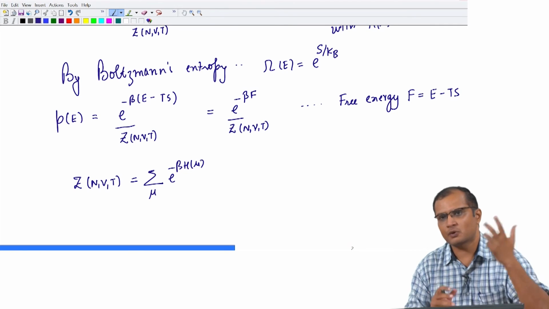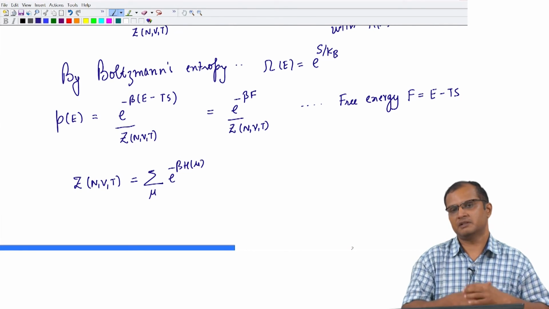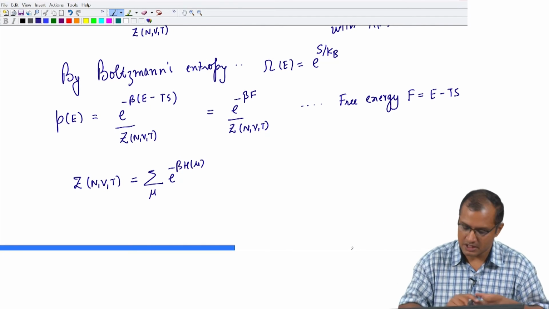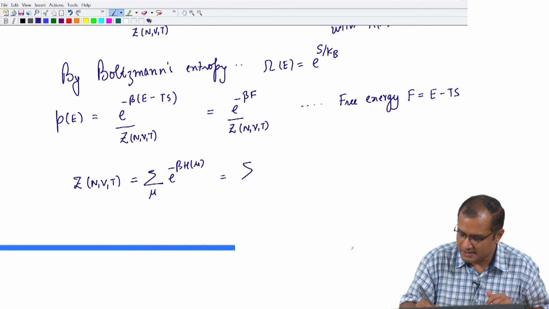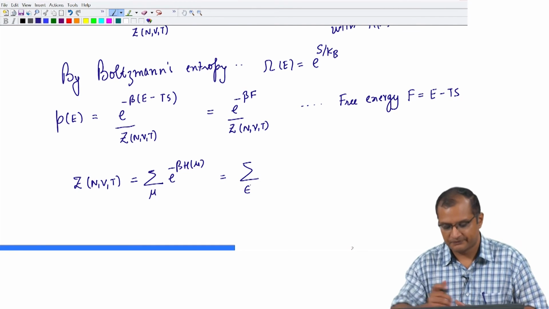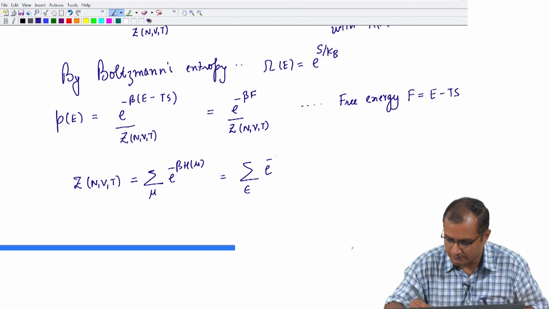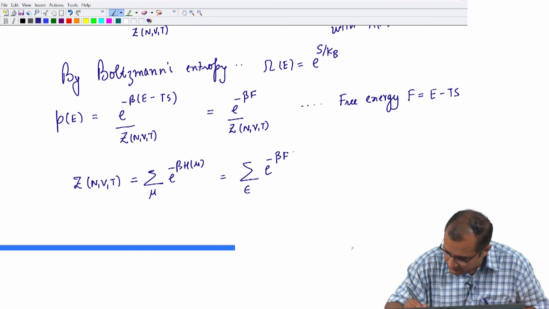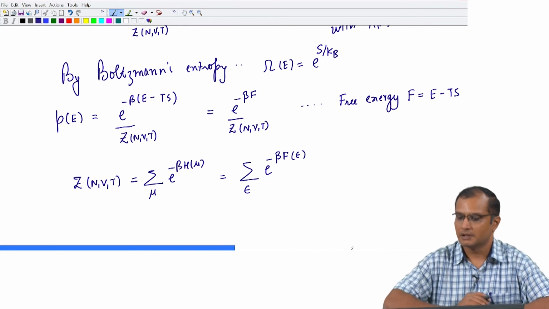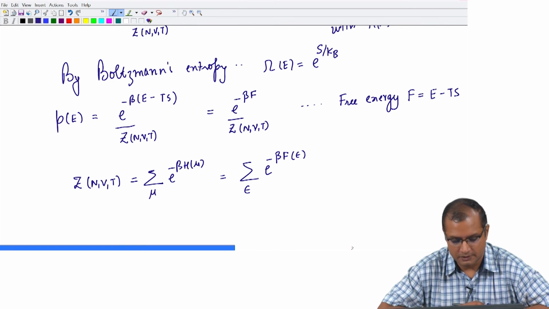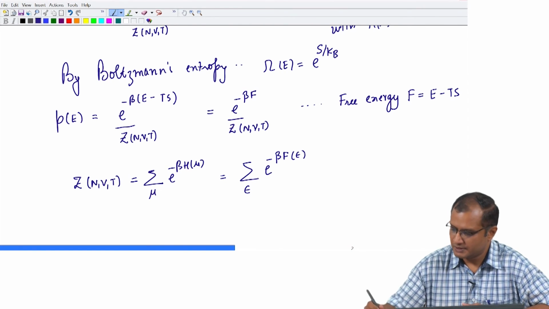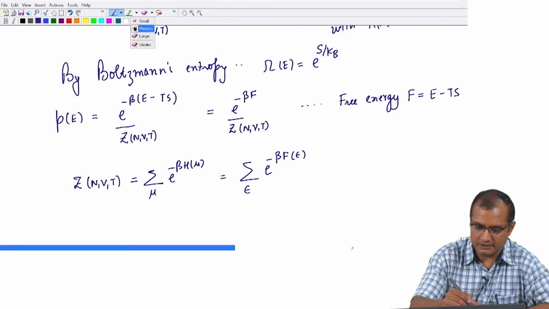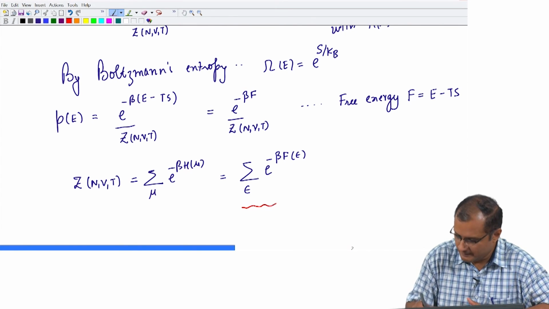So, if you have all the microstates of a system, then the Hamiltonians will give the information of the partition function, or in other words, if you have all the energy states in which the system can sit, then the partition function can be computed as e raised to minus beta into free energy for that energy, because this will normalize your probability distribution function P of E. So, the second definition of partition function follows from here.